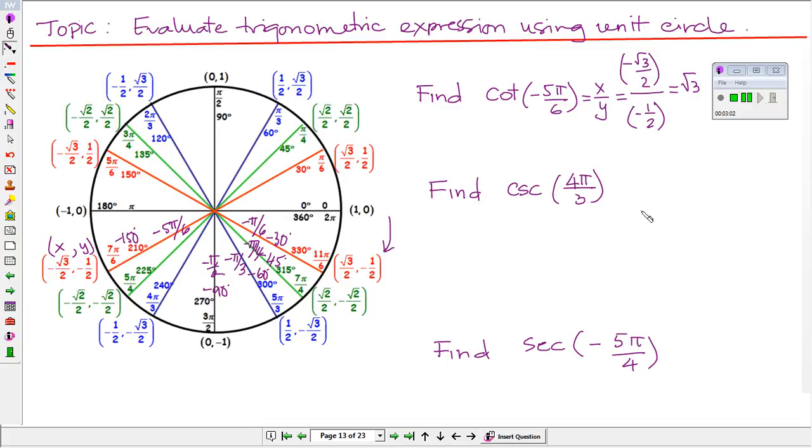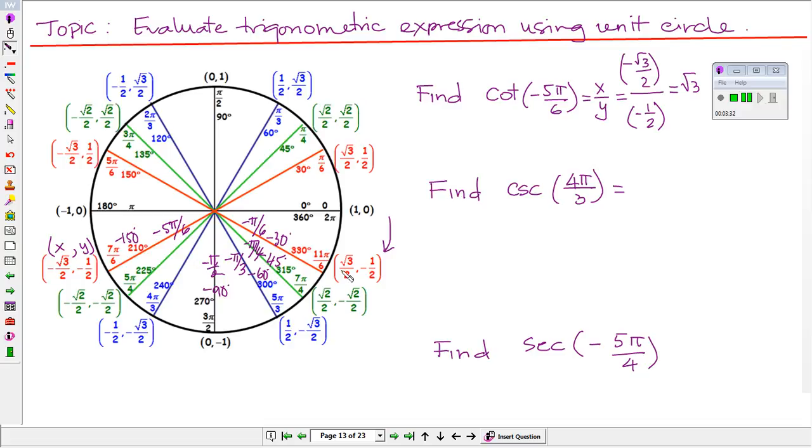Now let's go to the second expression, cosecant of 4 pi over 3. First look at the pi over 3, which is the blue color. I have to make sure that 4 pi over 3 is a multiple of pi over 3. It must end up at one of these 4 blue terminal sides. So I can see right here, this is 4 pi over 3, or 240 degrees.